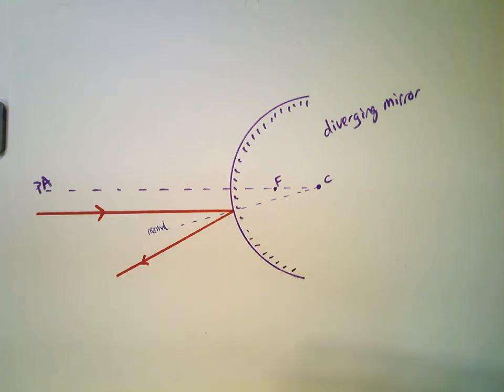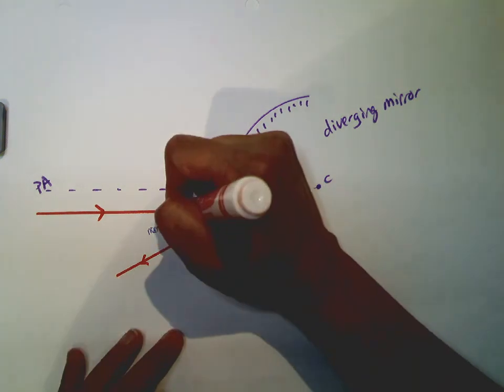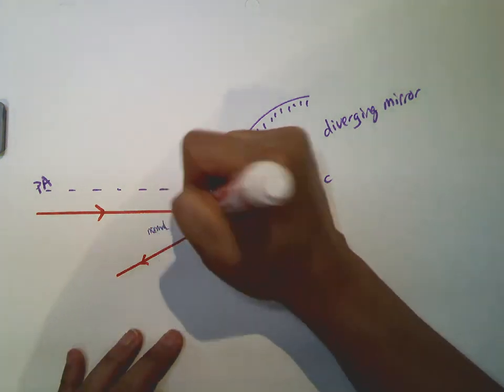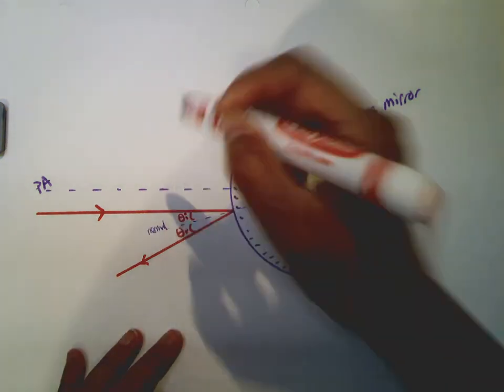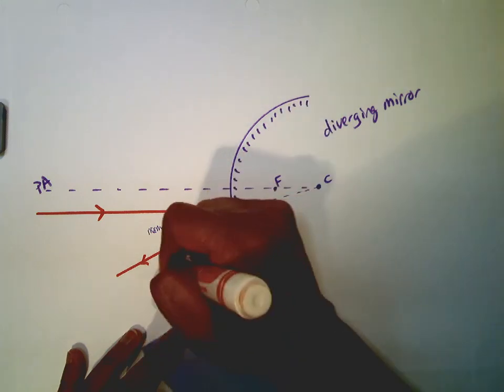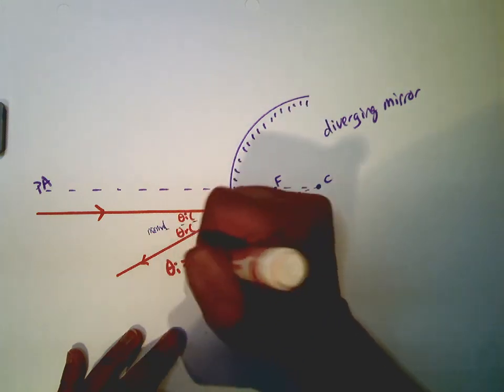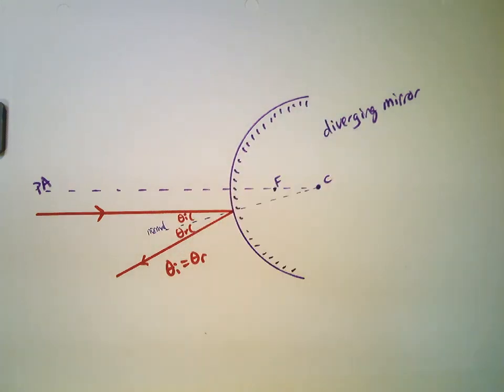Hey, take a look at that. That looks like pretty equal angles right there. See this angle here, angle of incidence, angle of reflection. In this case, again, angle of incidence equals angle of reflection, and that works too, which is very cool.